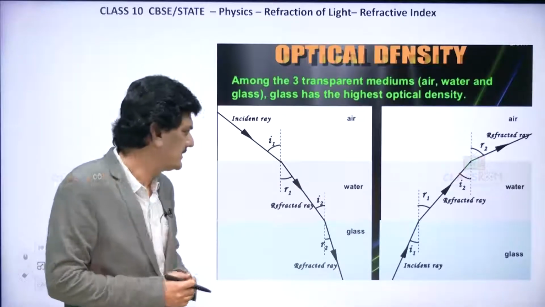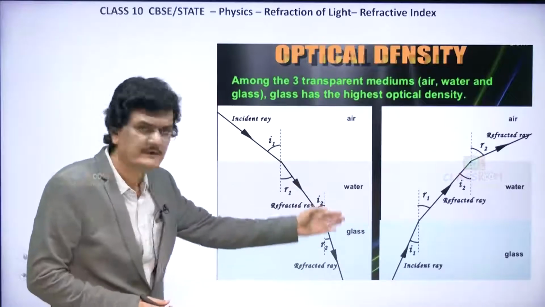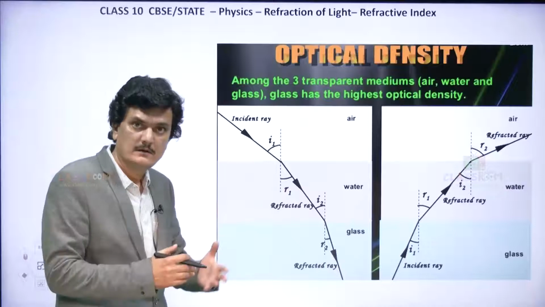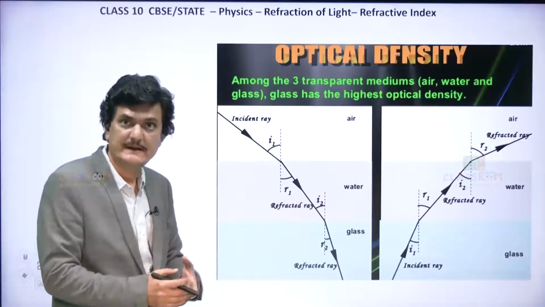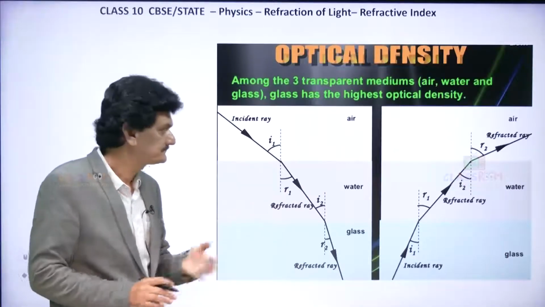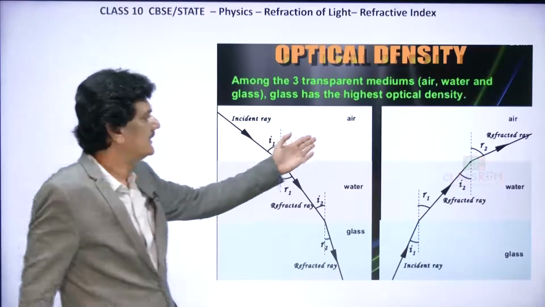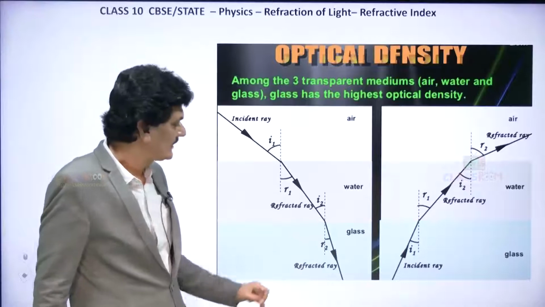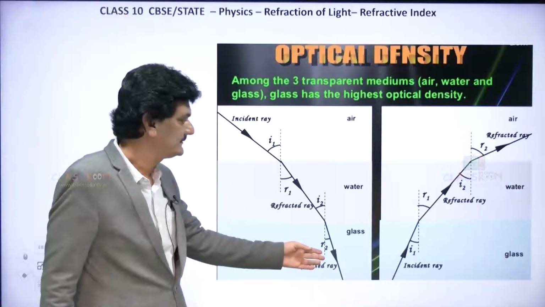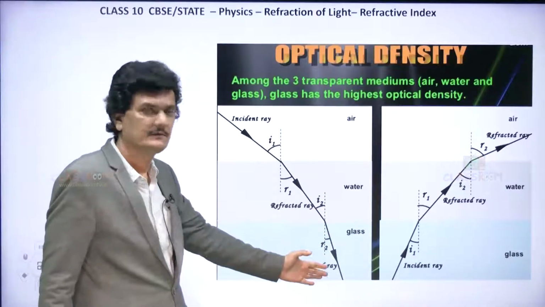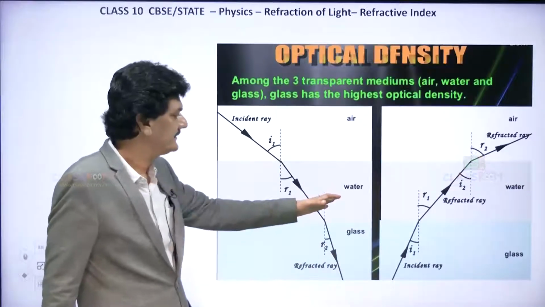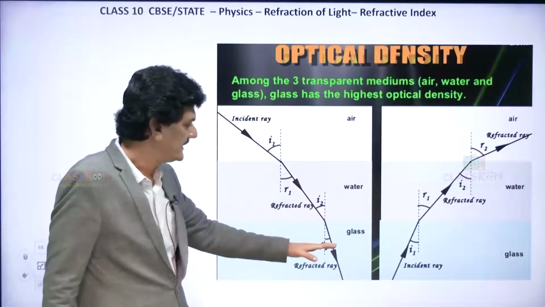Because the optical density of different mediums determines the bending, the direction of bending and the amount of bending. So see here: air, water and glass. Among these three mediums, the optical density of glass is maximum. The optical density of water is greater than air, and that of glass is greater than water.